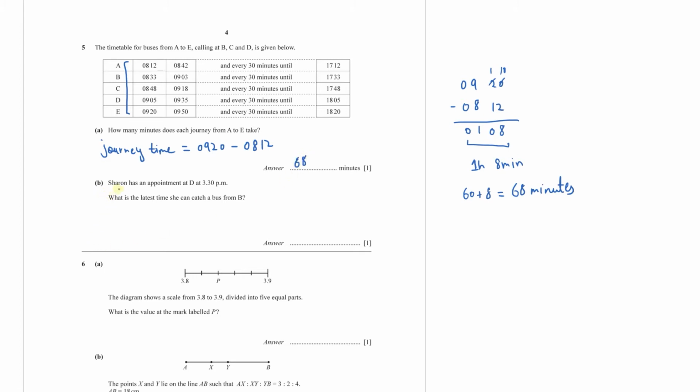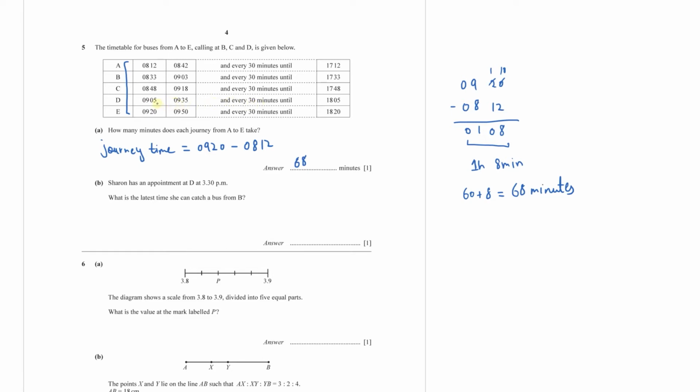Part B: Sharon has an appointment at D at 3:30. What is the latest time she can catch a bus from B? So let's look at the bus arrival times at D. It's arriving at 9:05, then 9:35, and every 30 minutes.